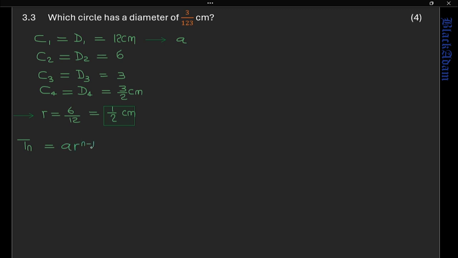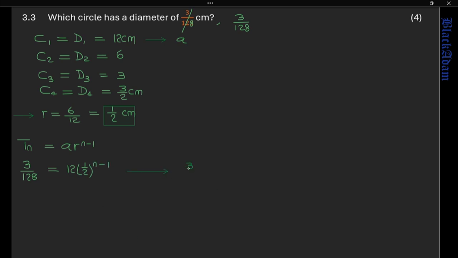So Tn is A R to the power n minus 1. And okay, that's 128, not 123. So it's 3/128, is equal to A, which is 12, times R, which is 1/2, to the power n minus 1.